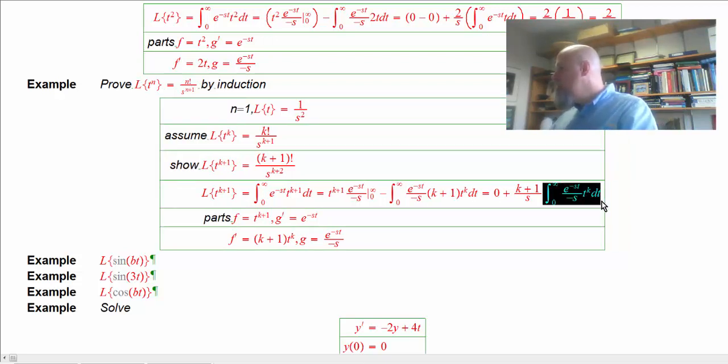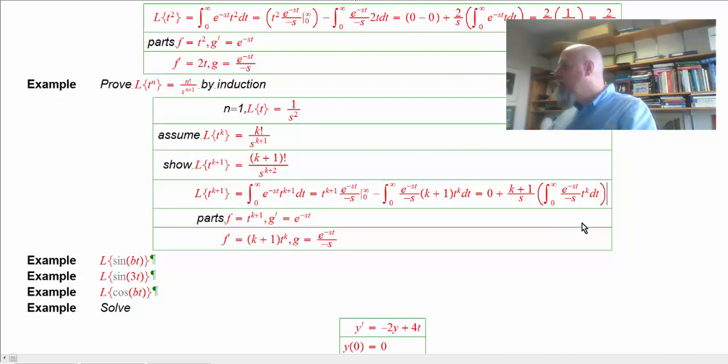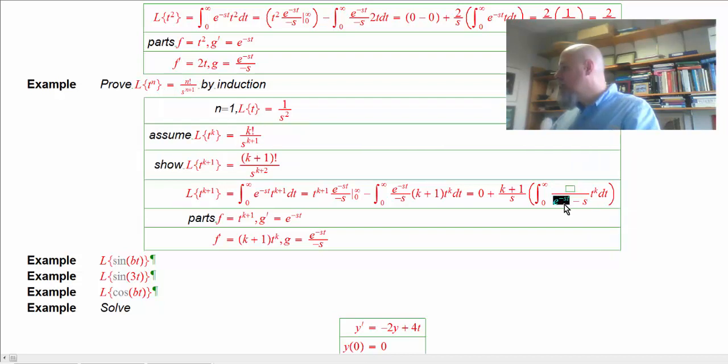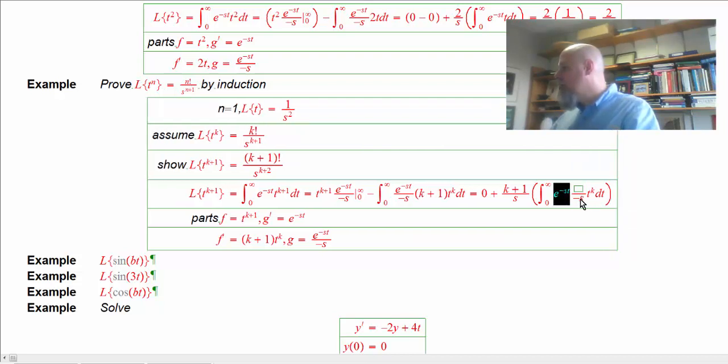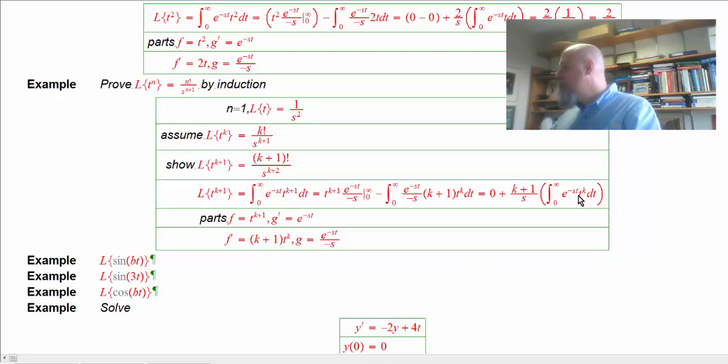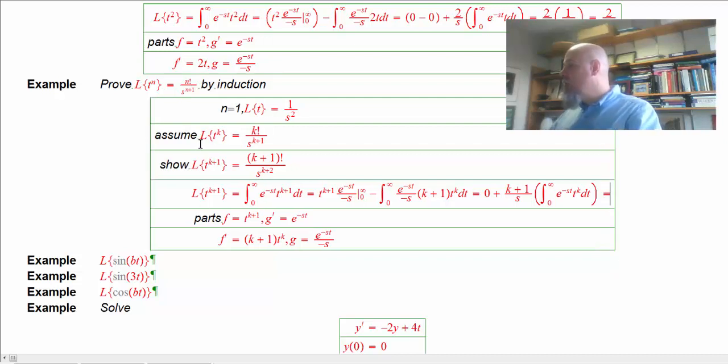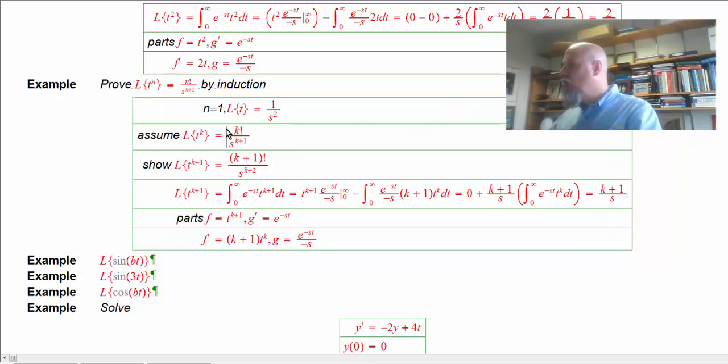And so this bracketed piece is the not yet. I did the exact same thing. This bracketed piece then is the transform of t to the k, which from the step up here we assumed was equal to this.